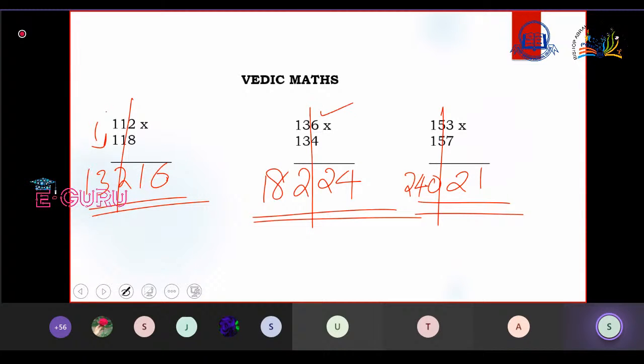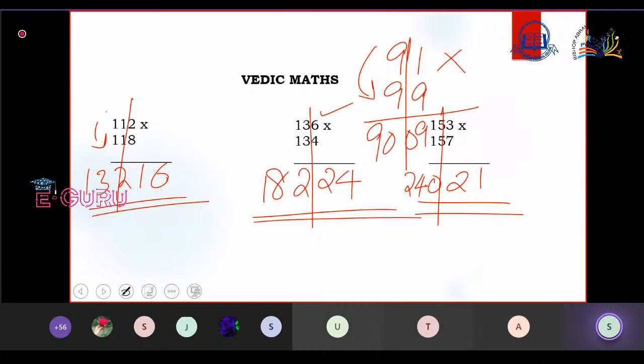Okay. So the only thing you need to remember is that when multiplying the unit place part, you should get a 2-digit number. If it is a 1-digit number, you need to add a 0 before it. For example, if you are multiplying 91 with 99, first you do 9 into 1. Don't write 9, because we need 2 digits there, so add a 0 and make it 09. Now 9 into the next number of 9, which is 10, 9 into 10 is 90, right?